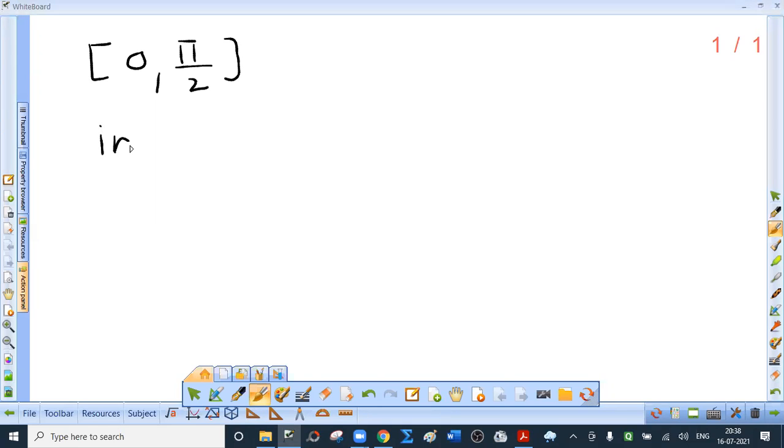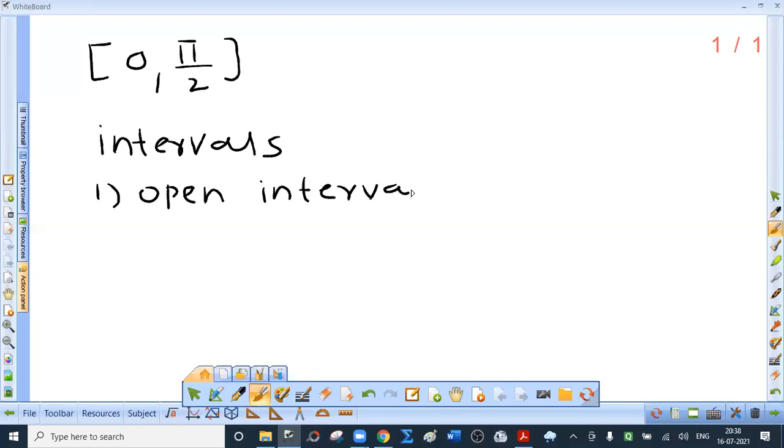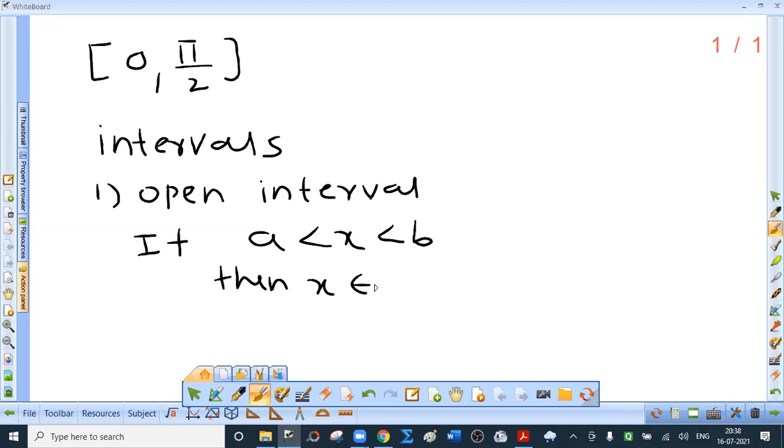Intervals. If you want, you can write this. Open interval. What is open interval? The concept is simple. If a less than x less than b, then we say x belongs to open interval. You have to use common sense.